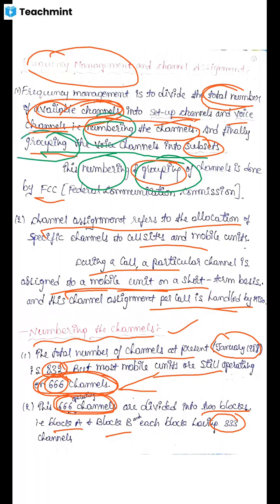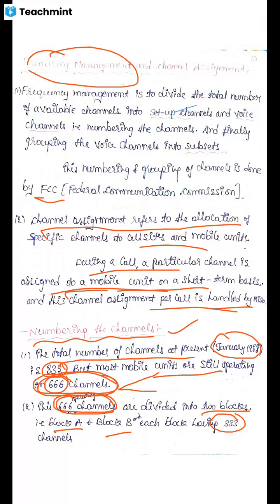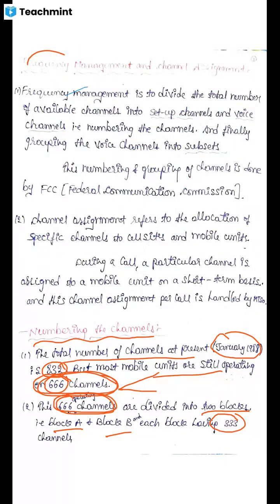Before that, we first have to know what is meant by setup channels and voice channels. You already know voice channels. Setup channels are the channels which, when a call is initiated, scan for the idle voice channels available to allocate for the communication.